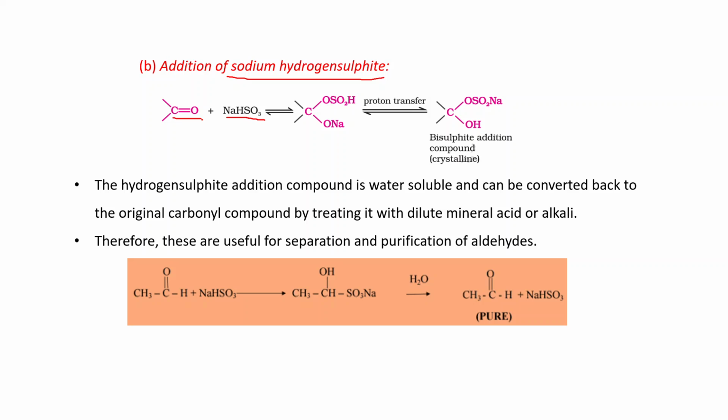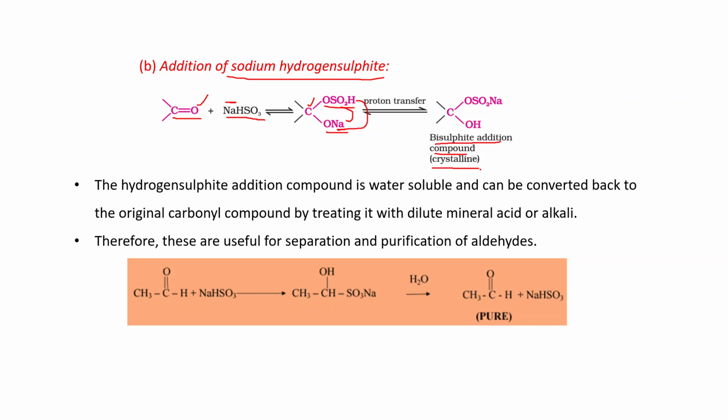In this case, the OSO2H group is added to this carbon, and the ONa, that is the Na of this, will add to this oxygen. Proton transfer takes place, the Na will shift to this and H will shift to this, and we will get the bisulfite addition compound, which can be obtained as a precipitate.